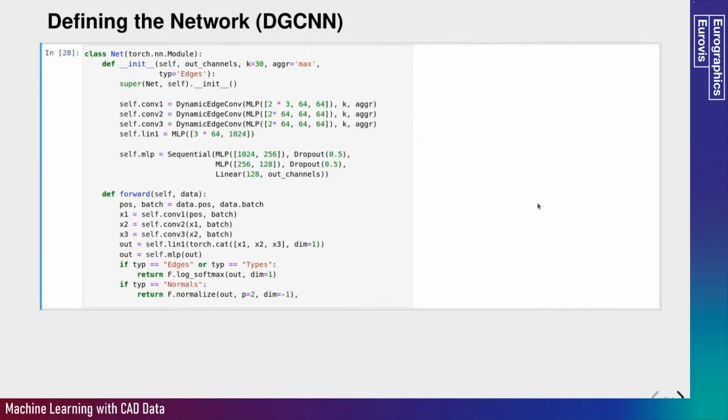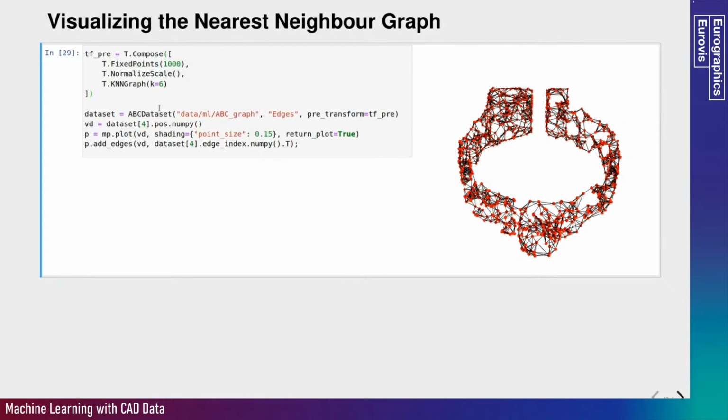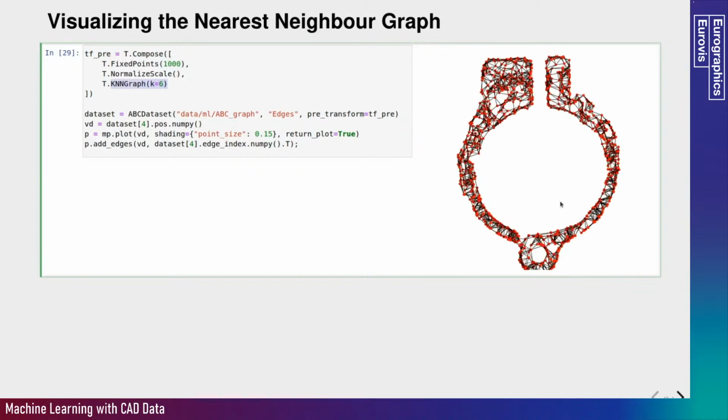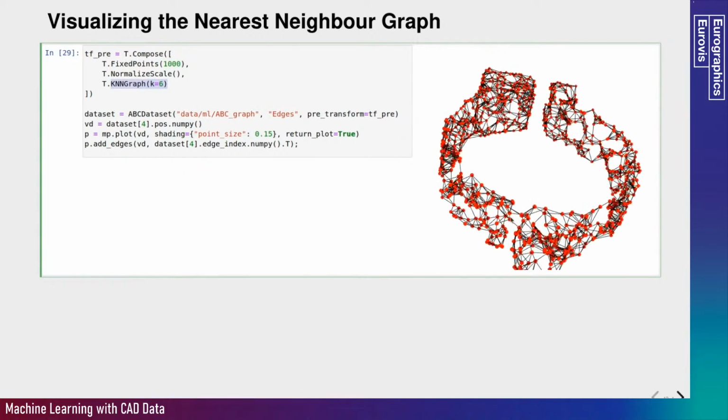If I go back here quickly, this dynamic edge actually builds a graph with k equals 30 nearest neighbors, and the graph is built dynamically in each of the layers. But just to get a feeling for how this looks for our data, here we're building such a k nearest neighbor graph with 6 neighbors, and for the model that we've seen before, this graph looks like the following.